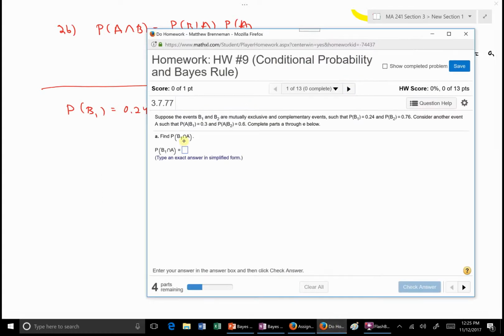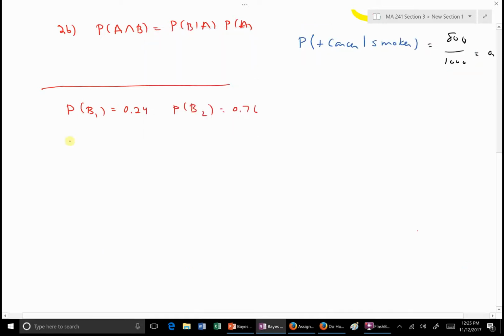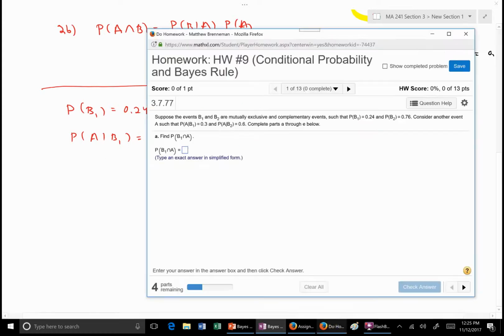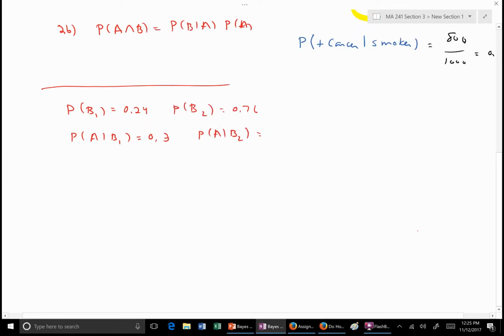And I'm also given the conditional probabilities. So I'm told that A given B1 is 0.3 and A given B2 is 0.6.